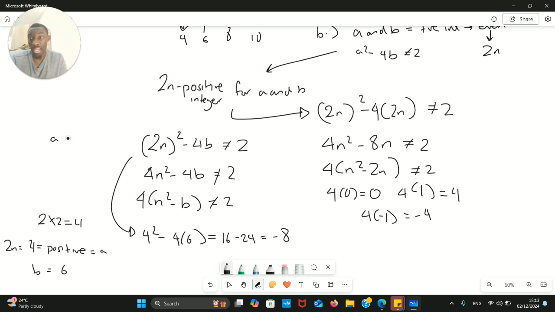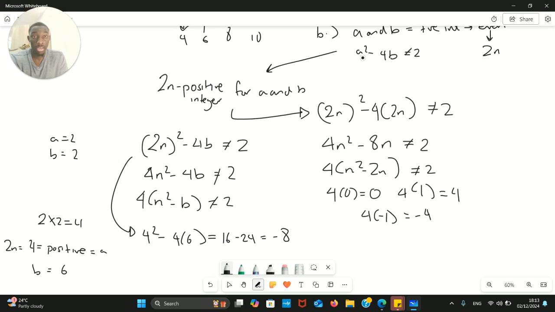So let's say even if a was 2, b was 2. I only just used it when my 2n is 2, which is a. But now let's use the case where both a and b are the same numbers. If a and b are exactly the same numbers, in any of these equations I would see that I am going to get a number that is not equal to 2.